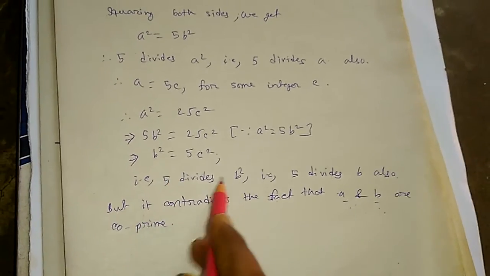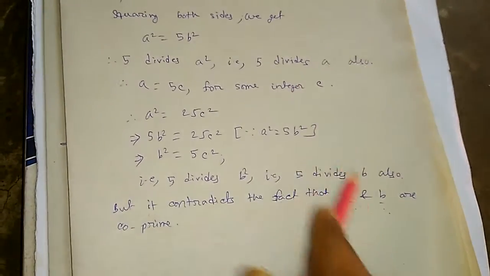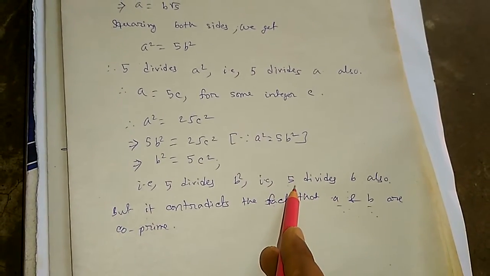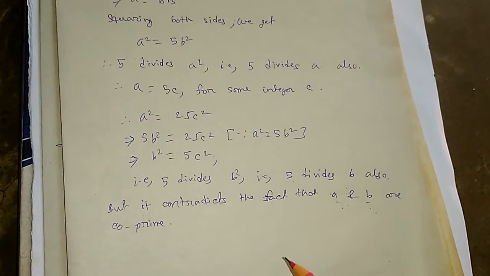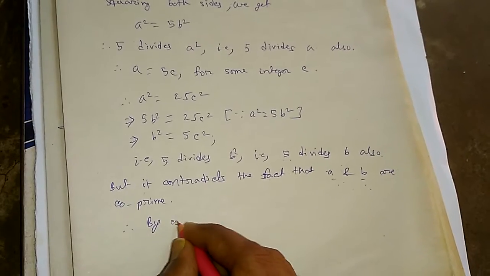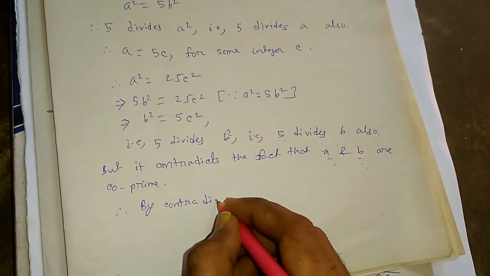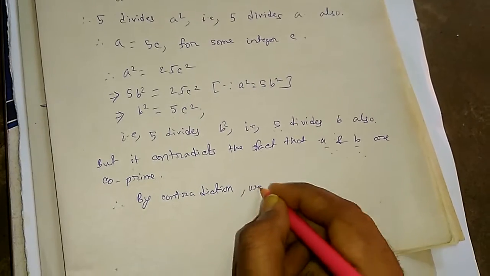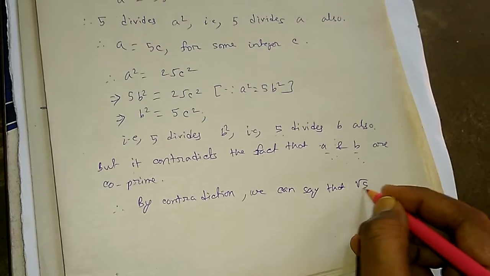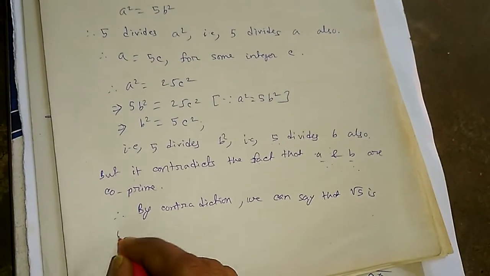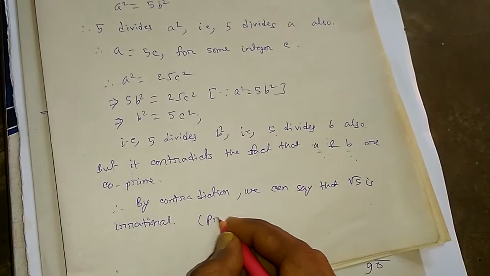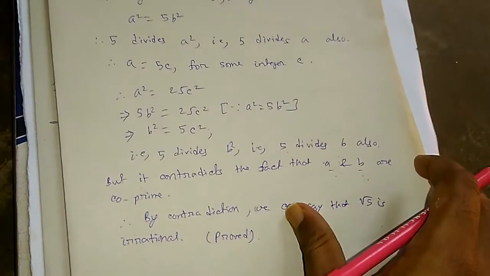But here 5 divides a, and 5 also divides b. So they have a common factor 5 except 1. For this reason they are not coprimes. Therefore by contradiction we can say that root 5 is not rational, that means root 5 is irrational. Hence the proof follows. I think you can understand this proof easily.